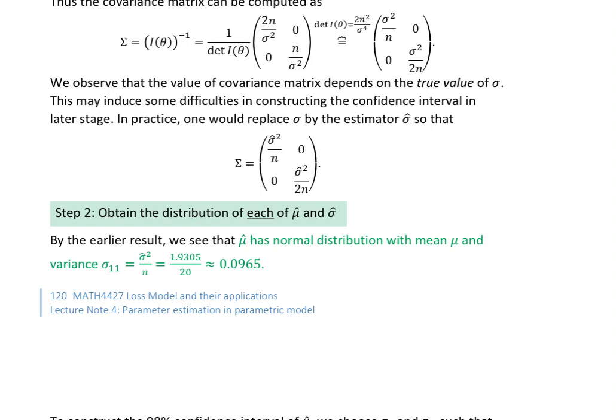Recall our mu hat follows the normal distribution with mean mu and variance equal to sigma 1,1, which is the first diagonal entry of the covariance matrix, equal to sigma square over n.